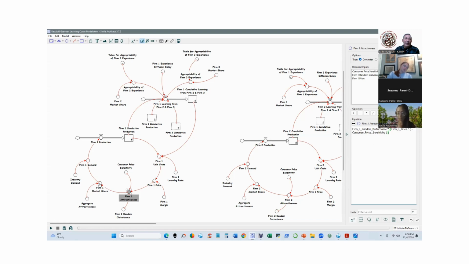And then here's the aggregate attractiveness. So it's that most simple attractiveness formulation, or not attractive, well, that's what we call it, but it's that simple resource allocation thing, right? Where you have total demands and then the individual demands, and it 100% allocates everything.